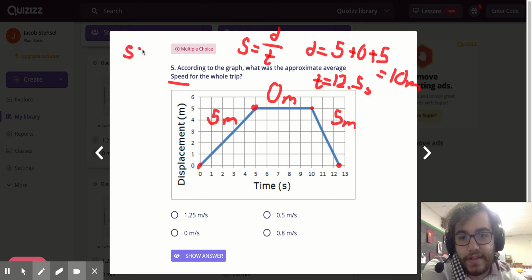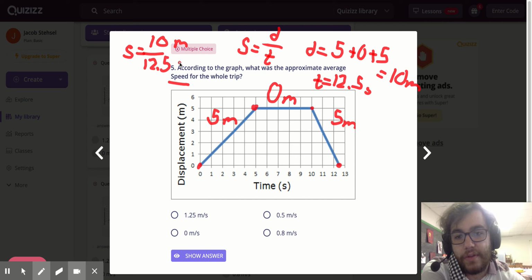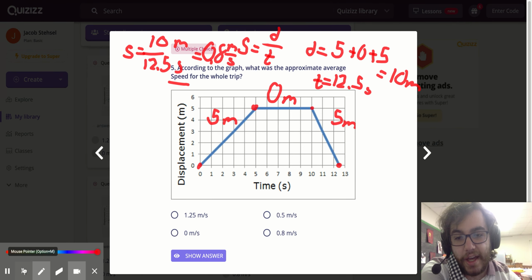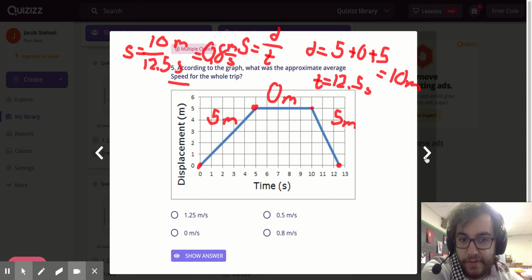So S is equal to 10 divided by 12.5 meters over seconds. Always put the units to make sure that you're consistent, and you'll get an answer of 0.8 meters per second. Okay, pretty straightforward. A little challenging just because you have to actually go through the graph and see all the different distances you travel.